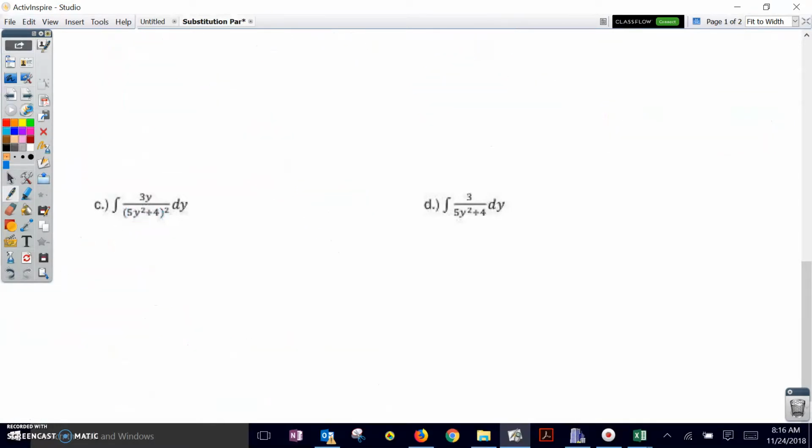If I tried to approach part D like I have all of the others, I would try to approach it by taking u equals 5y squared plus 4. And then du would be equal to 10y dy.